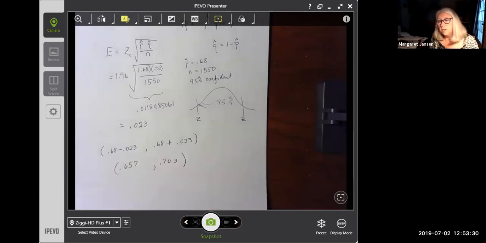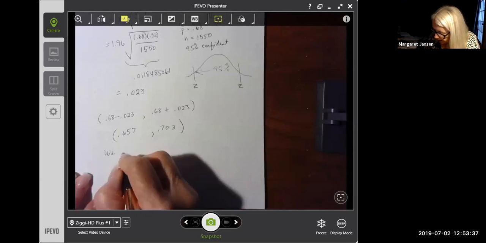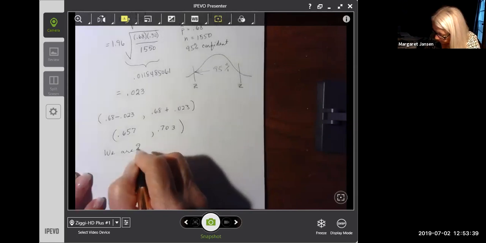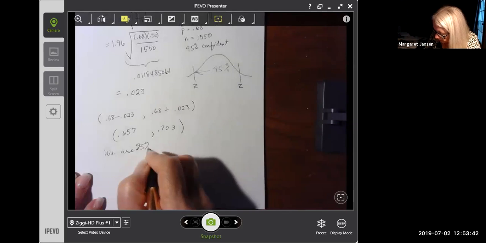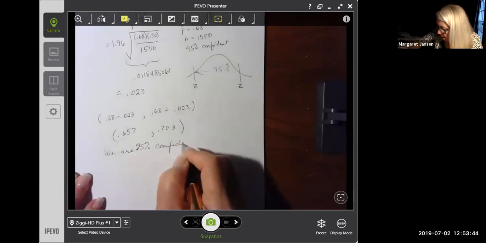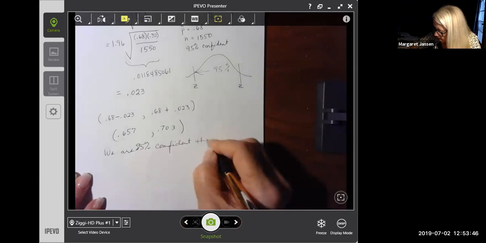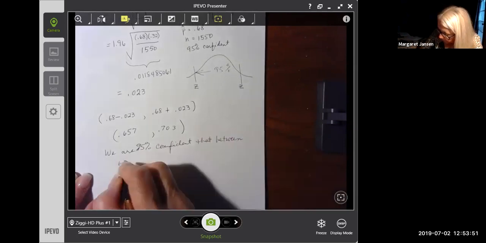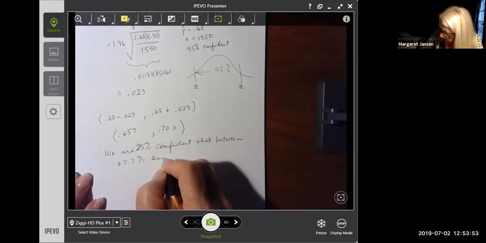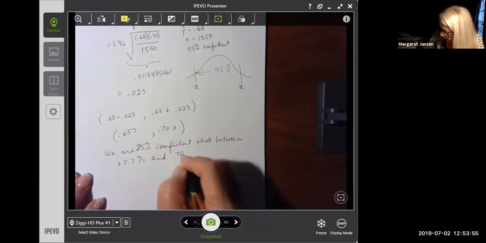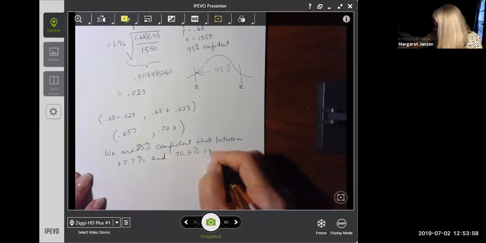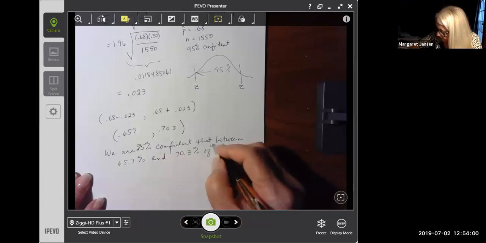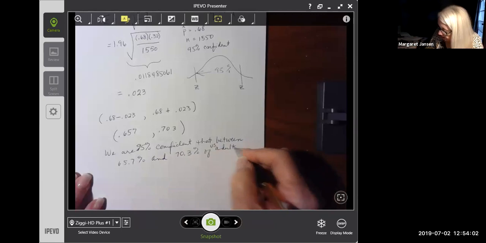So the interpretation here would be that we are 95% confident that between 65.7% and 70.3% of U.S. adults use Facebook.